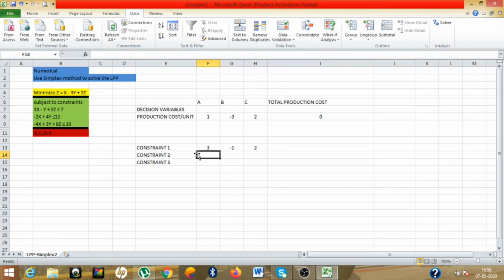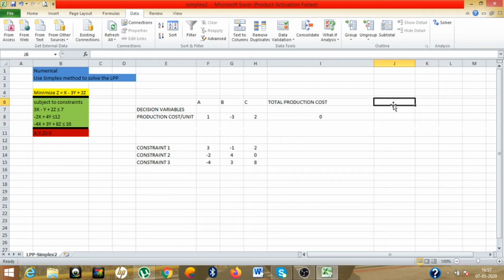And for constraint 2: minus 2, 4, and the z term is not here, so 0. For constraint 3: minus 4, 3 and 8. The total availability of each constraint is the right hand side of the inequality sign.